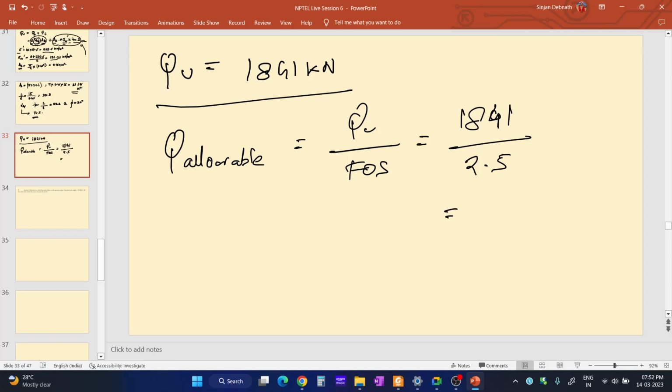If you calculate this, it comes out to be 736 kilonewton. So this is the allowable load and this one is the ultimate load that the pile can carry. So these two are the answers of this question. If you have any problem regarding this question, please let me know. Or else I'll proceed to the next question.